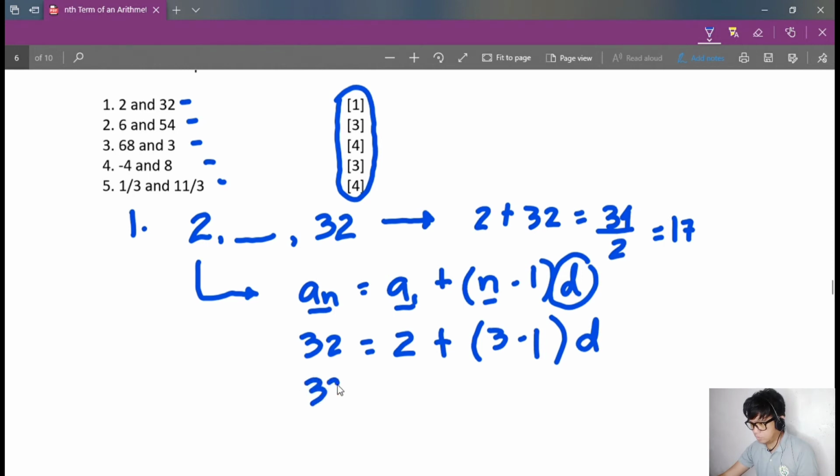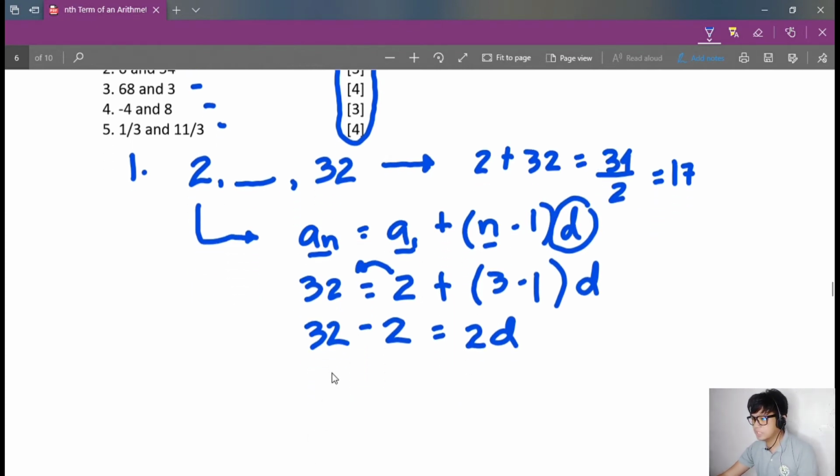So, 32, pwede man yan siyang ilipat dito. Or, pwede, we will subtract here 2, tapos mag-subtract din tayo ng 2. Or, para shortcut na lang, i-transpose na lang natin sa kabila. So, 32 minus 2 is equal to 3 minus 1 is 2. 2 times d is 2d.